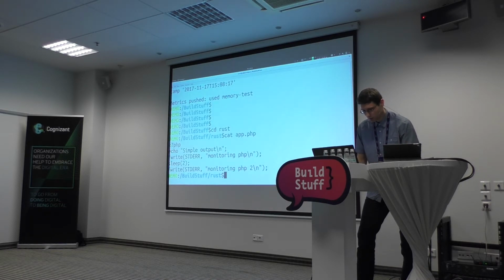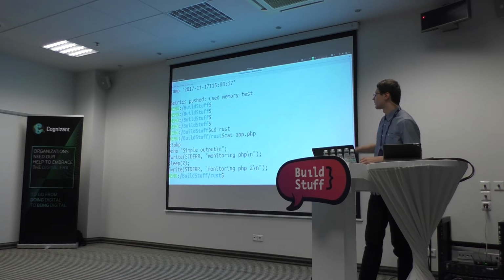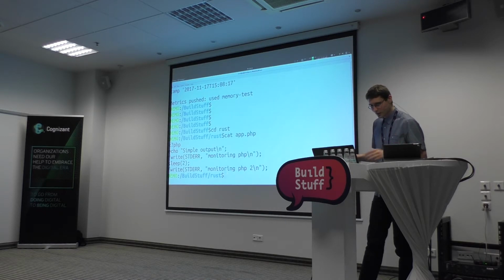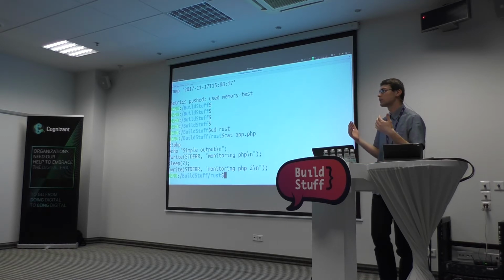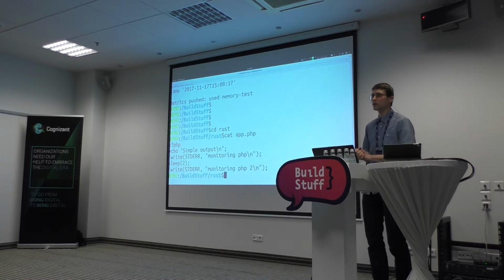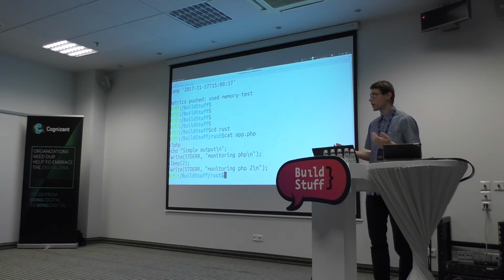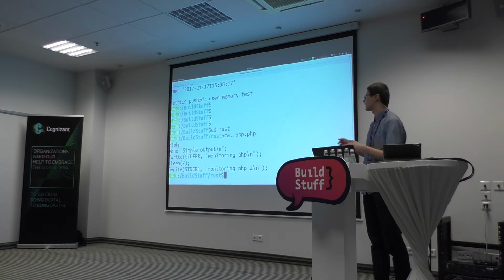For example, if we go to the Rust, what I did, you can see the very simple application. This is more like a hello world. It just prints some simple output, and then it uses not only the standard output, but also the standard error. Because every application these days and every programming language can have access to standard output and standard error.